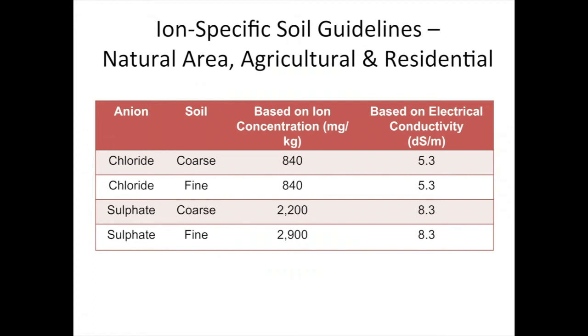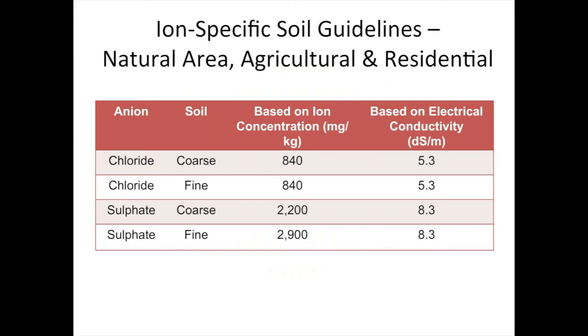It is handy to be able to say, well, how many milligrams per kilogram of chloride would I have in my soil before I'm starting to impact plant life at a concerning level? And so, pulling the numbers out of our data, we come up with 840 for chloride in either soil, and then 2,200 and 2,900 milligrams per kilogram for sulfate in coarse and fine soils.